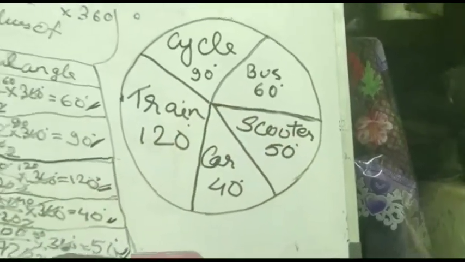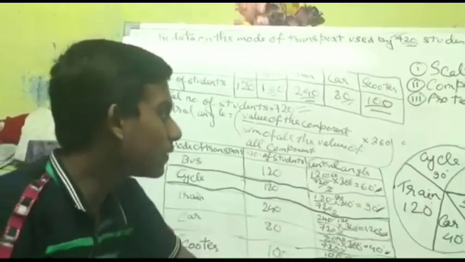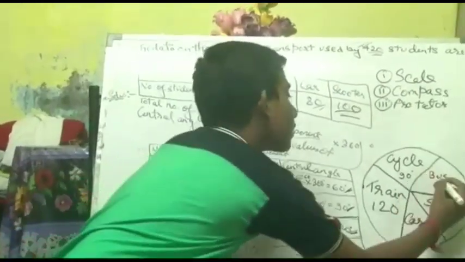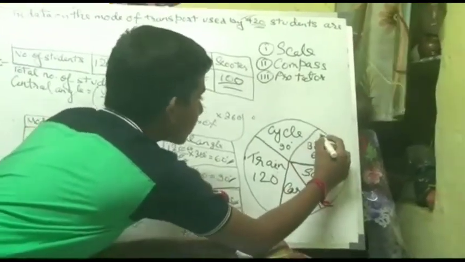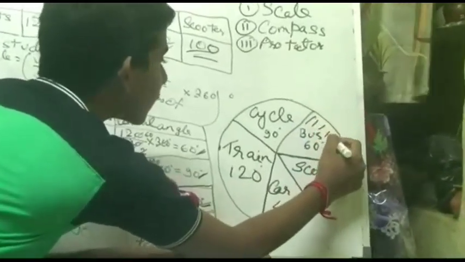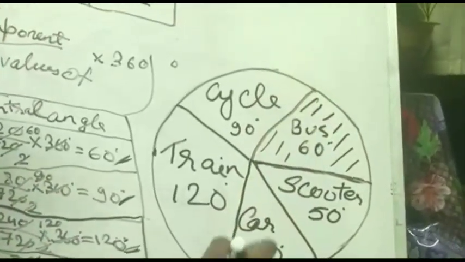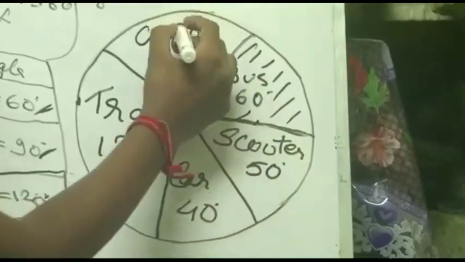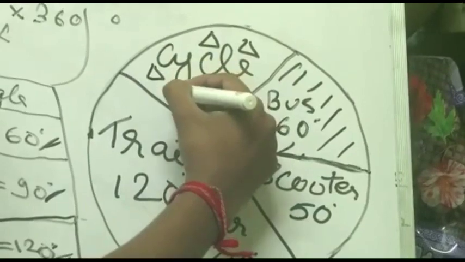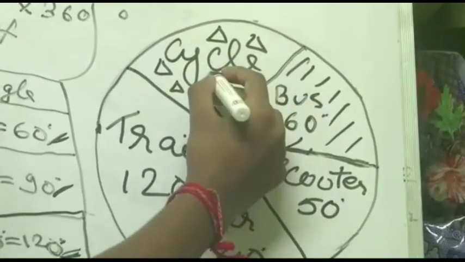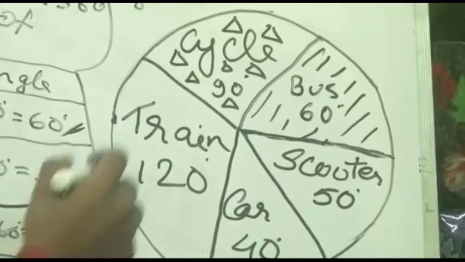Then we have to set these sectors with different sets. You can use different sets. First, I am using this set. Second, I am using this set, to not match with others.